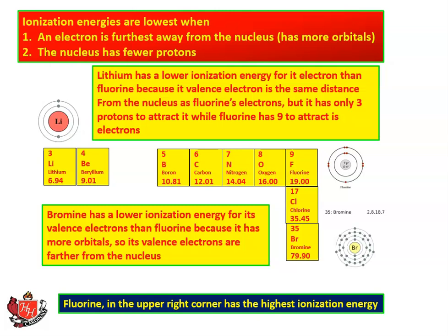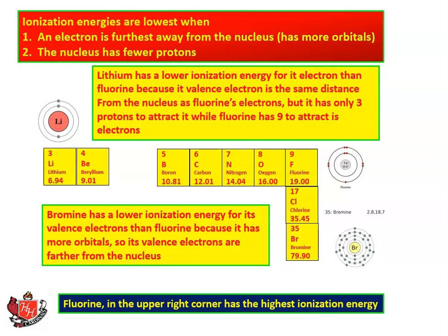So what does that mean? They're not strongly attracted to the nucleus, therefore they can more easily be removed. If you look at fluorine up above, it only has 2 orbitals, and it has 7 electrons in its outer orbital, and they don't shield each other. They're side by side to each other. So since its electrons are much closer to the nucleus, it's harder to pull them away.